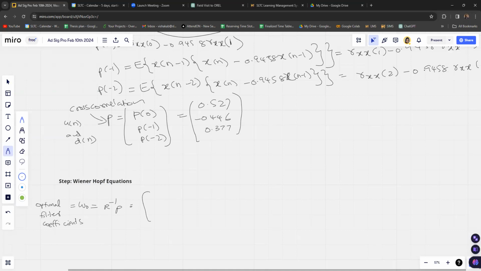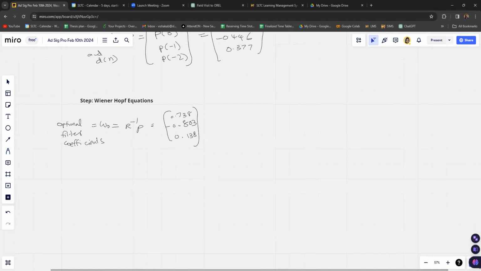So this one you can find using this, and then we are asked to find the minimum mean error.